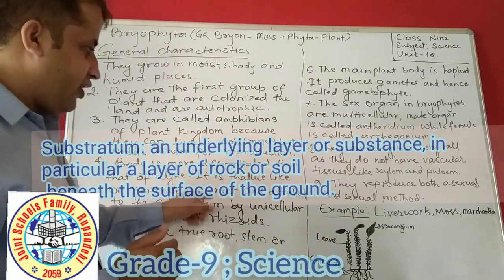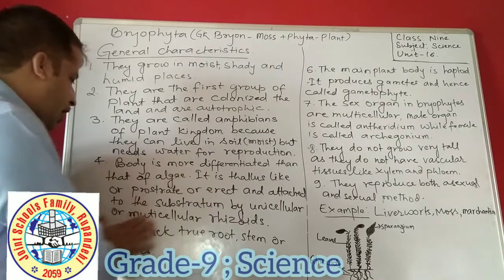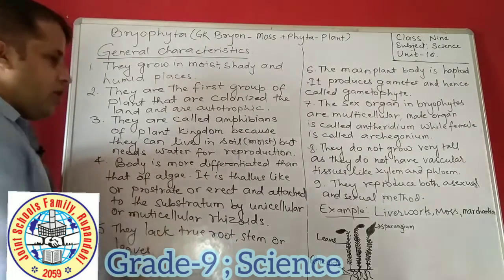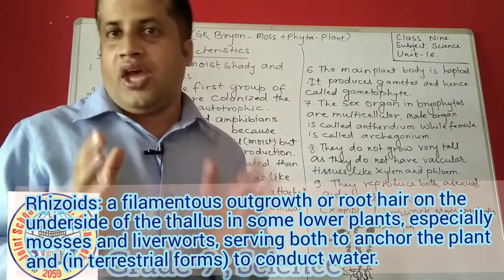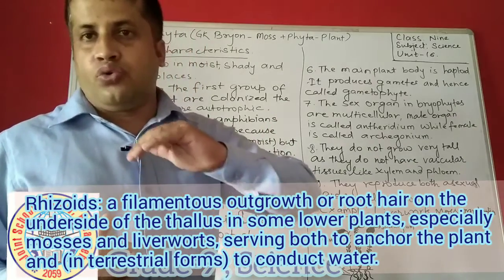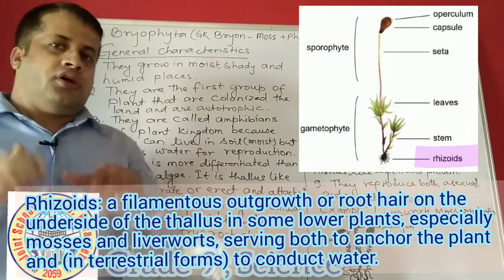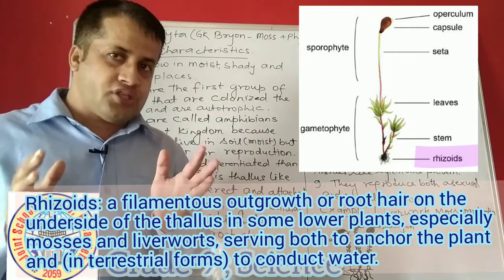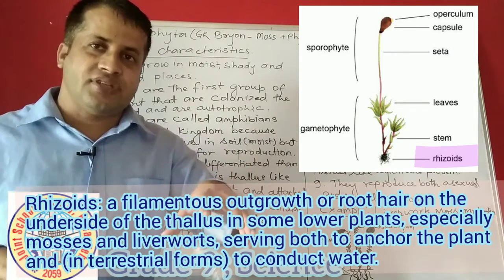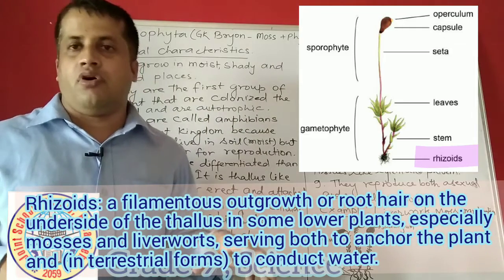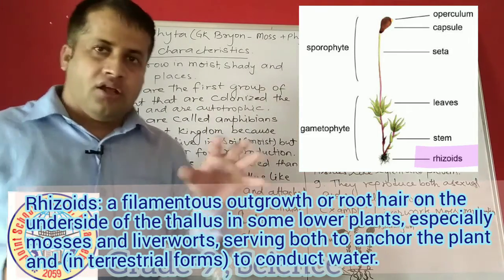They may be erect like moss, unicellular or multicellular, and they are attached to the substratum with the help of root-like structures, not true roots, which are called rhizoids, which fix themselves on the rocks or the soil where they grow.